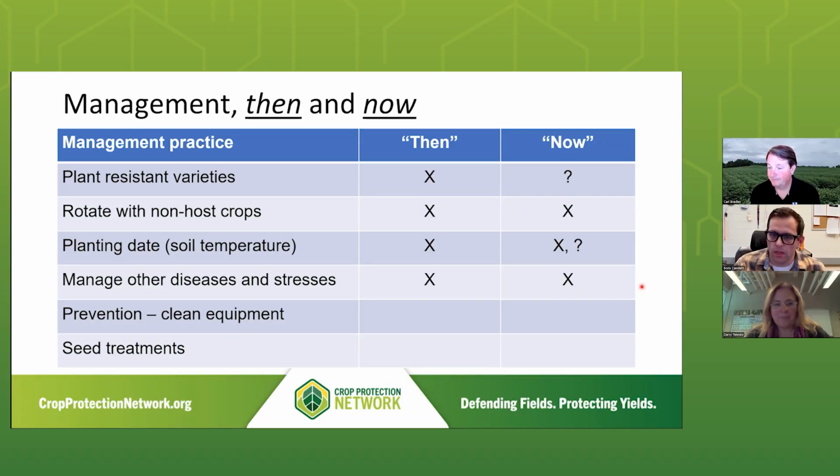So we don't know the exact correlation between the diseases, but that is something that we probably need to explore. Yeah, I think that just emphasizes that we should continue to manage other diseases and problems that are out there, and maybe not just focus on red crown rot. That might be just part of the problem, and you can have multiple things happening, unfortunately.